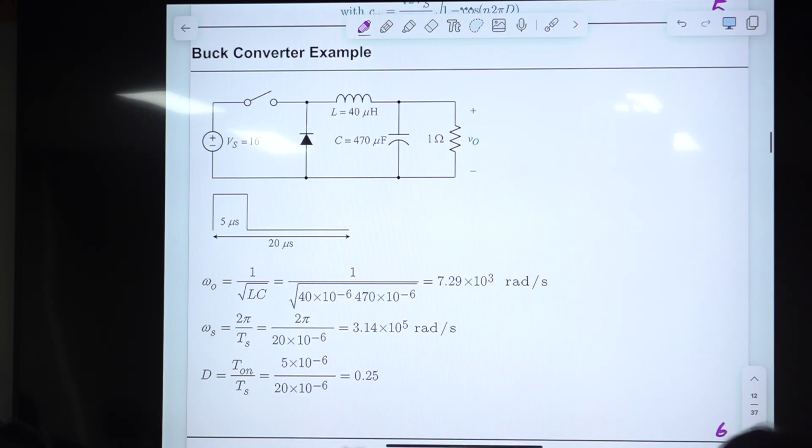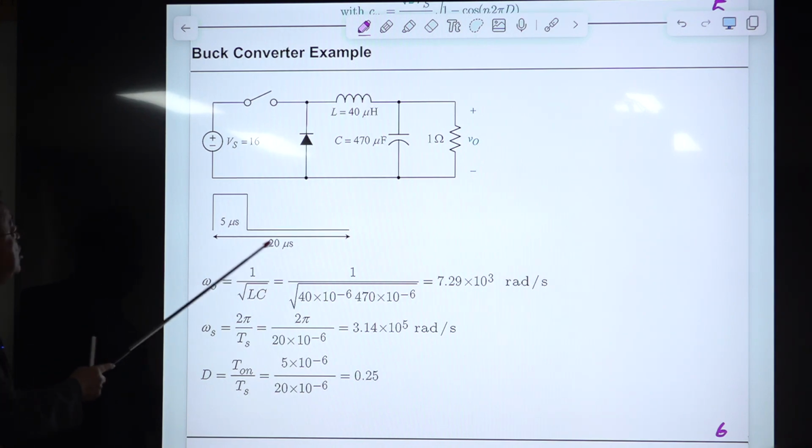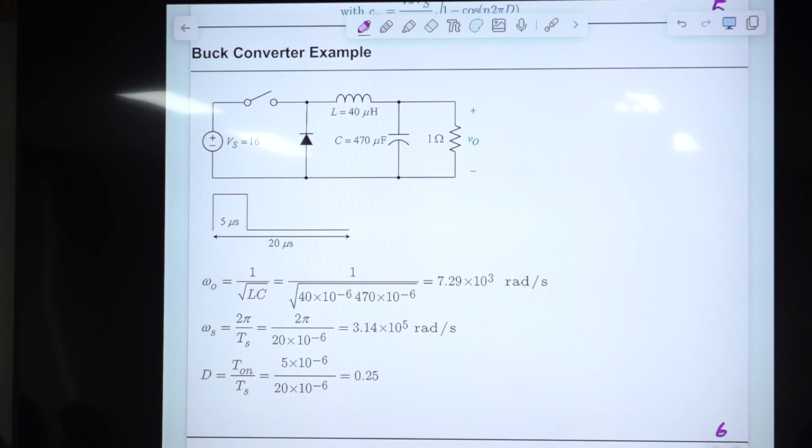All right. Let me give one example. This is a buck converter. Input voltage, and this is the MOSFET drive signal. When the MOSFET is turned on, this is on; when the MOSFET is turned off, this diode turns on. You already know this, right? So with this, the ratio is what? D. Here, D is 5 divided by 20.